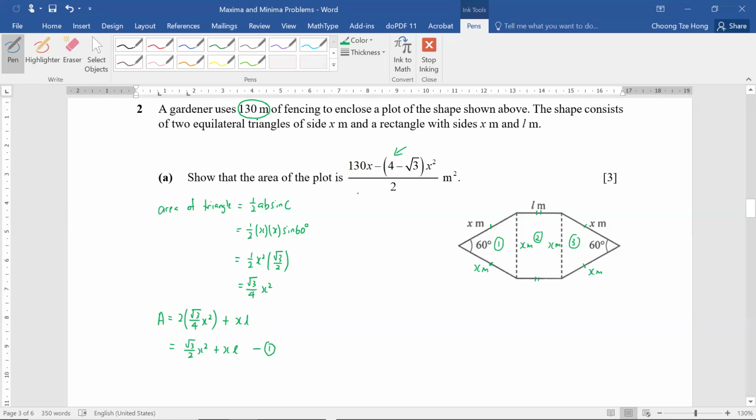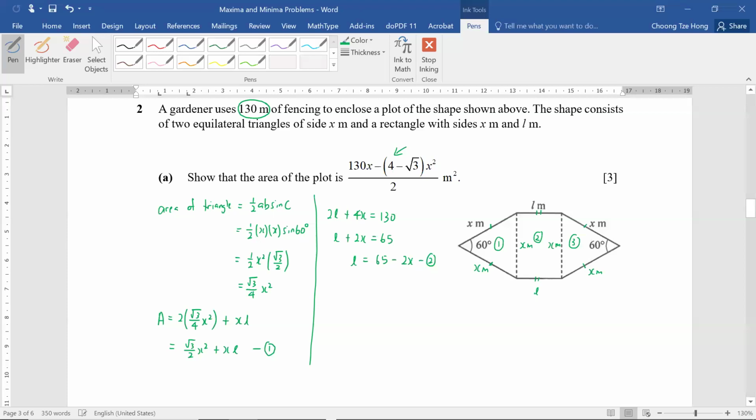This is where the second equation is going to come from. Over here we have 4x plus 2L, so this is also L, will be equal to 130. So 2 times L plus 4x equals 130. We're going to divide everything by 2, then bring over, so L is going to be 65 minus 2x.